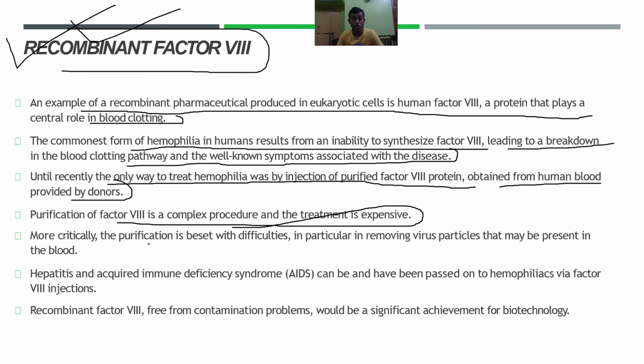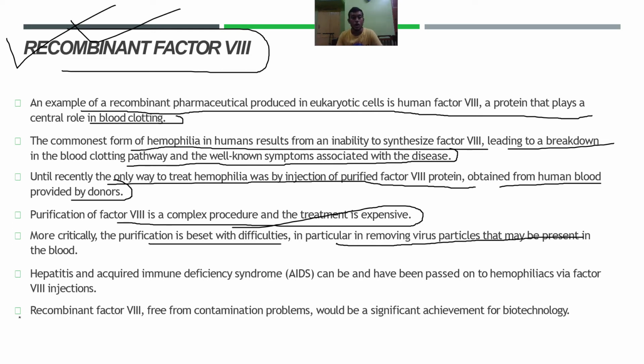More critically, the purification is beset with difficulties, in particular in removing virus particles that may be present in the blood. It's not an easy process to remove all the viral particles and other contaminants.